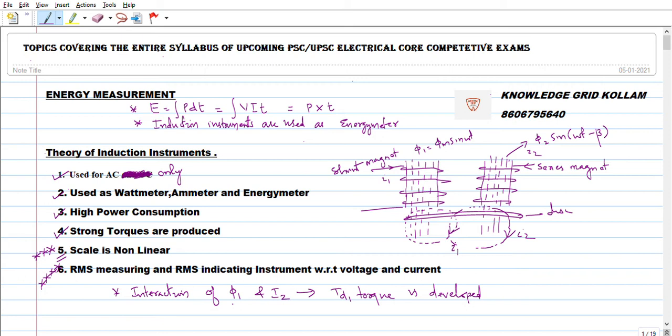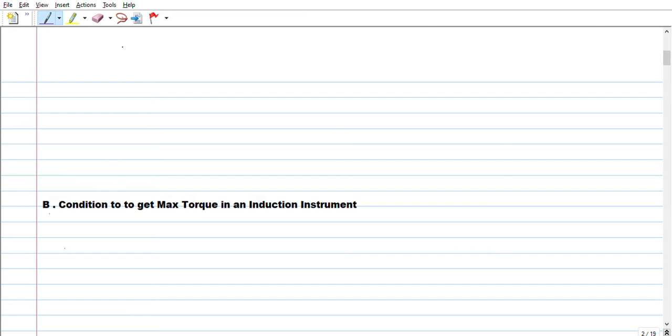Second point, by interaction of flux phi 2 and I1, torque TD2 is developed. Therefore the resultant torque TD is equal to TD1 minus TD2.